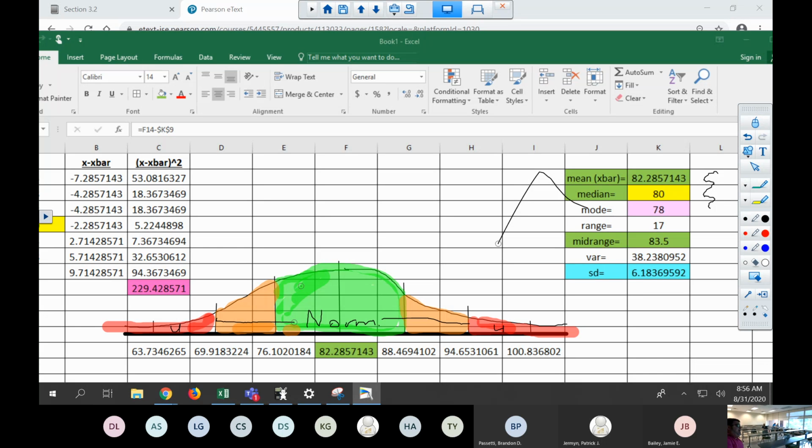So if I made a 96 on my test, that would be unusual based on the scores that I have. If I made a 64 on my test, that would be unusual. And what's outside of unusual?